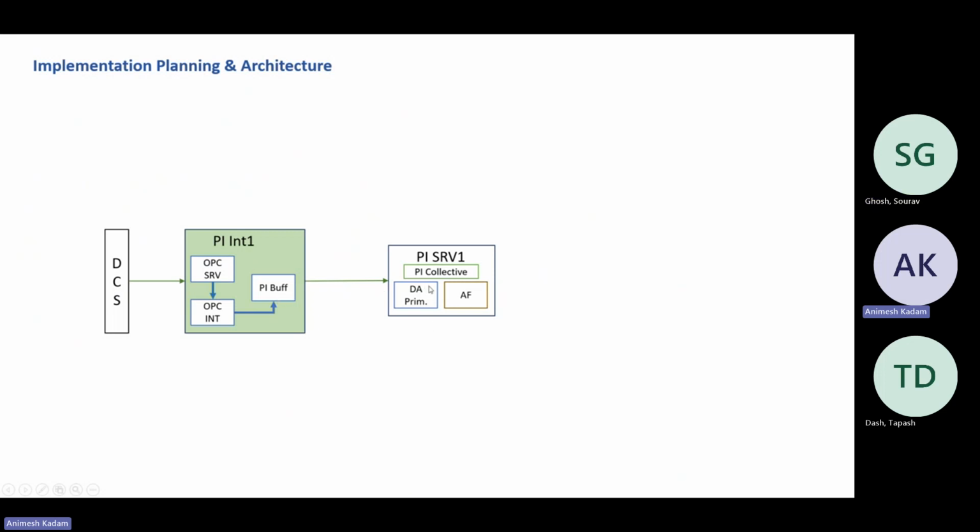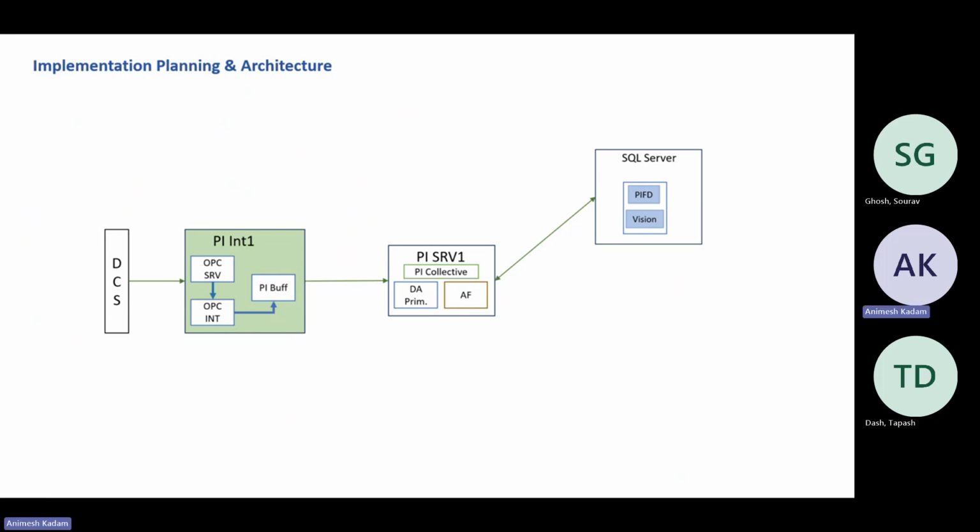So the Pi data archive will store that data, and then that data will be accessible inside the AF once you configure your asset framework. For the asset framework, you need an SQL server, right? So there are two ways.